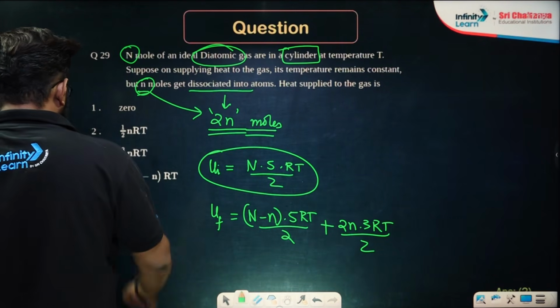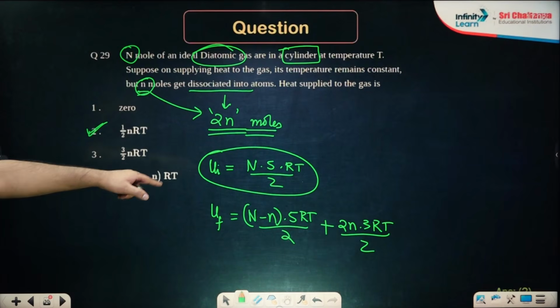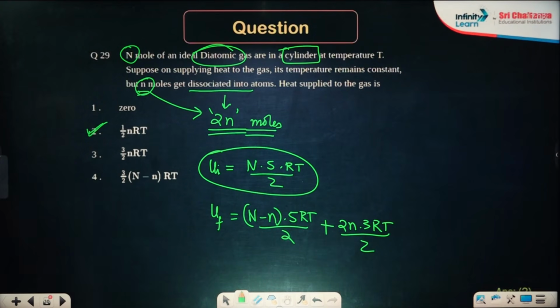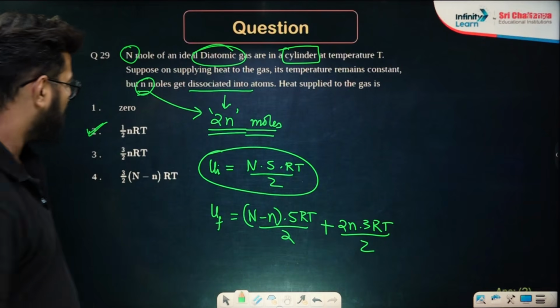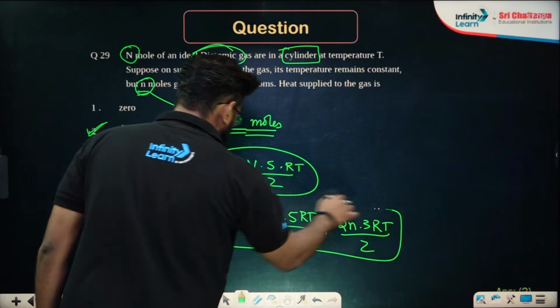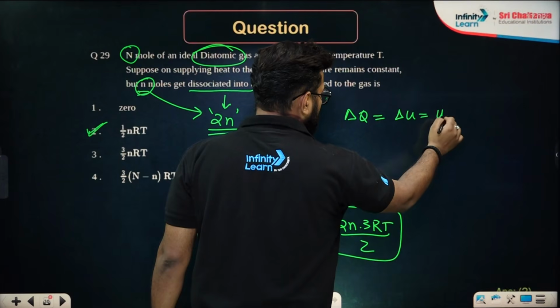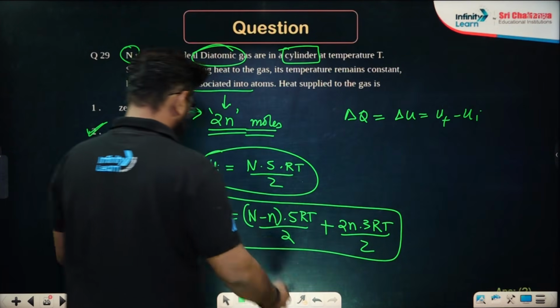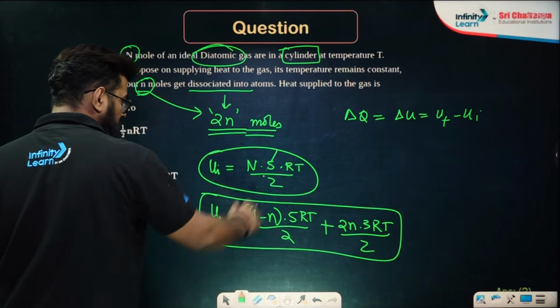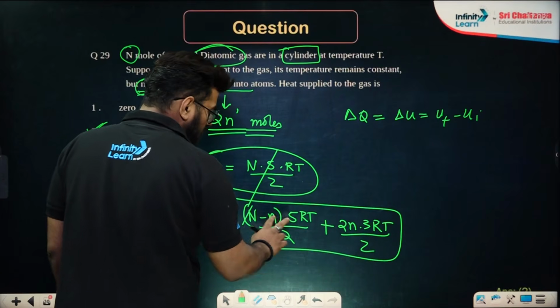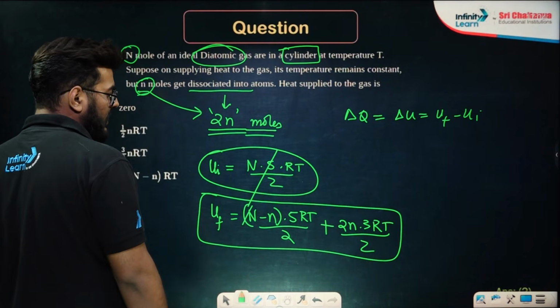When you solve it, you will get the answer as option number 2. Clear? Making sense? Basically, delta Q over here is delta U, that means U final minus U initial. So when you subtract it, this will cancel entirely, and 2 and 3 are by 2 minus 5 nRT by 2.